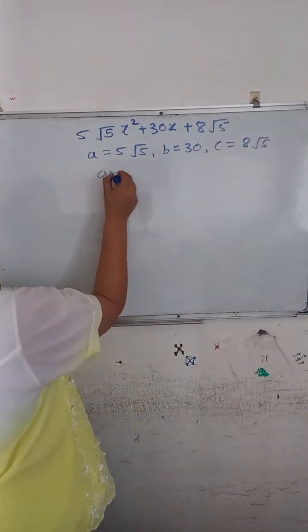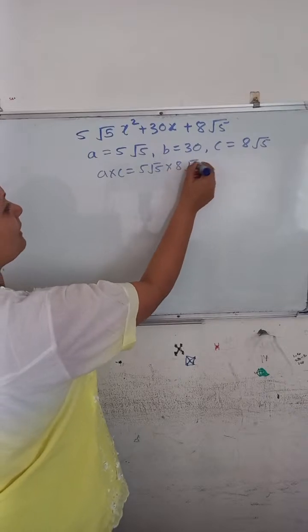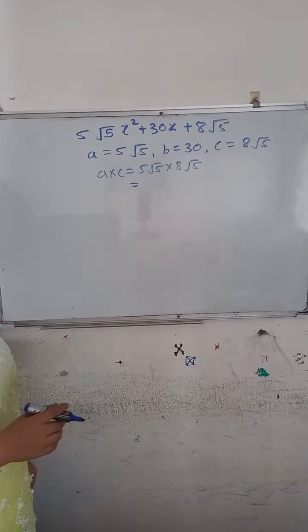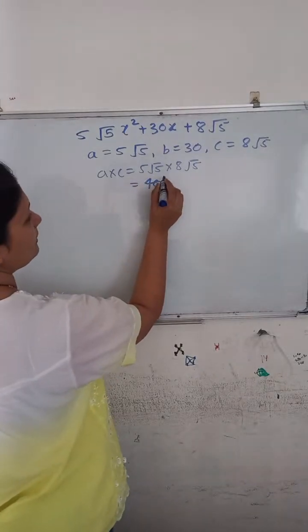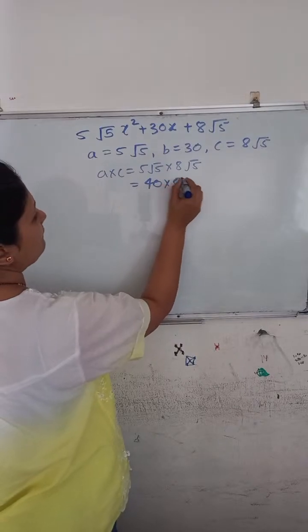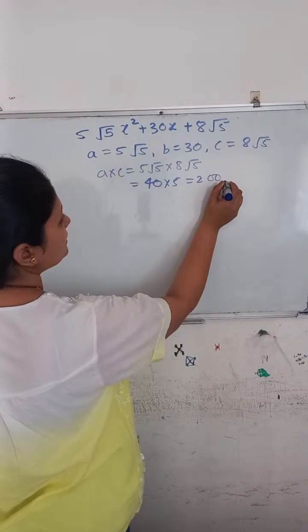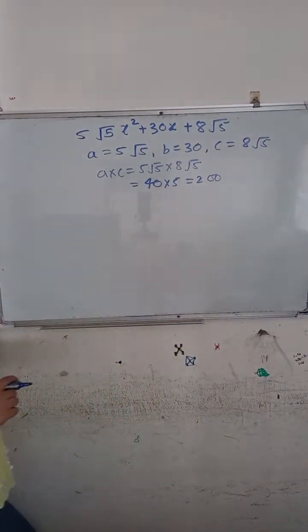So here a into c is 5 root 5 into 8 root 5. 5 eights are how much? 40. And into 5, 5 fours are again 20. So this will become 200.